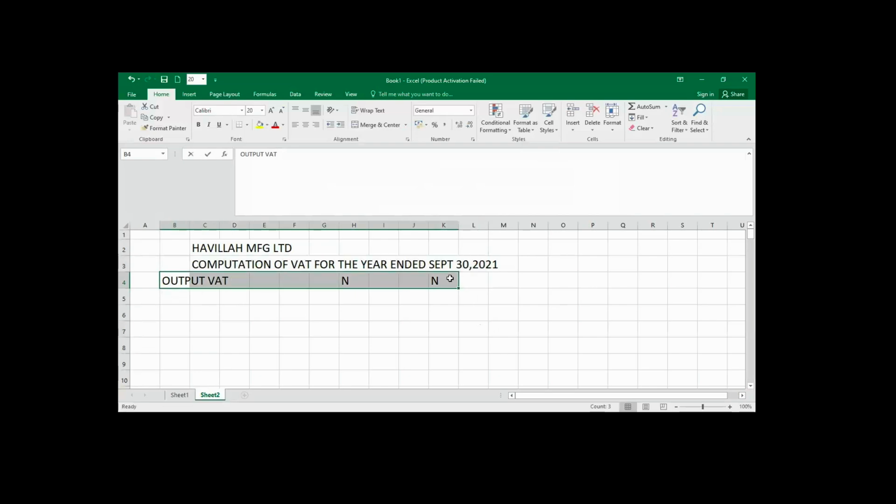So our output VAT will be turnover, local sales, 7.5% multiplied by the value, 141,900 million.